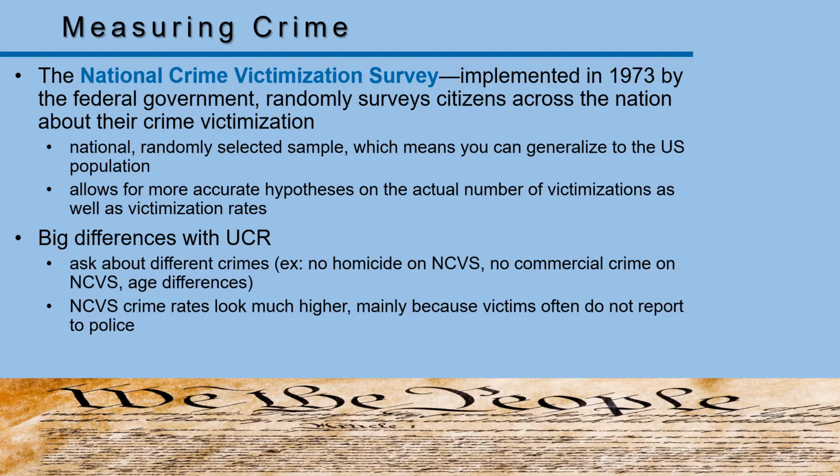Significant difference. Property crimes were almost double. UCR said there was 7.9 million. The victimization survey set it at 15.9 million, about half underreported.